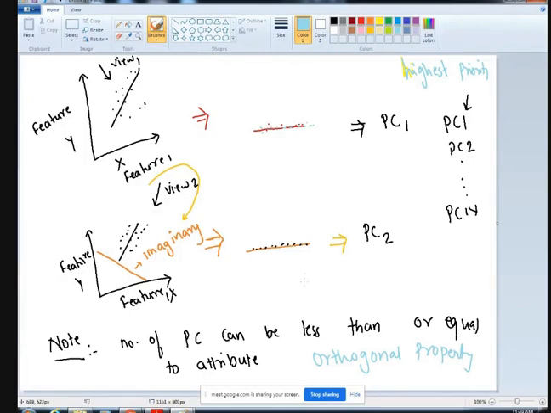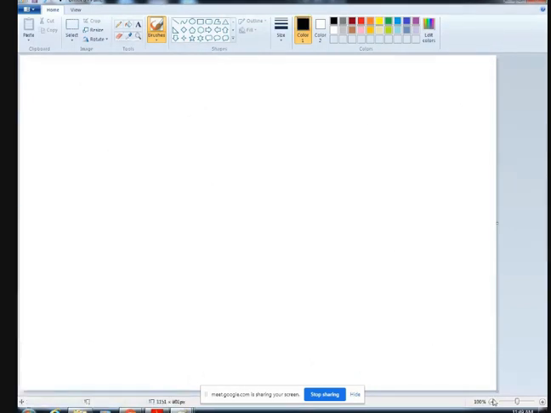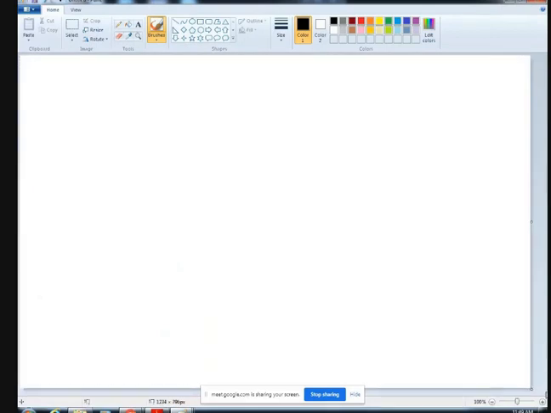Now let us solve a simple problem for PCA and see how we can obtain the principal components. For that, we need to find the covariance of the matrix and the eigenvectors for it. So to solve a principal component analysis problem, we need to find the covariance of a matrix, or whatever data is given, and also the eigenvectors for the same.